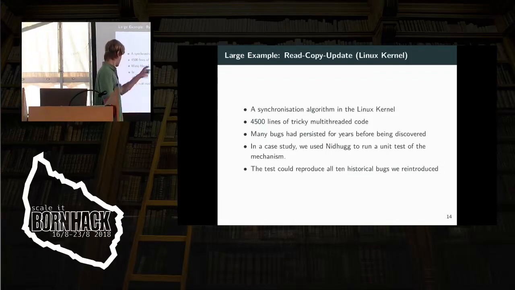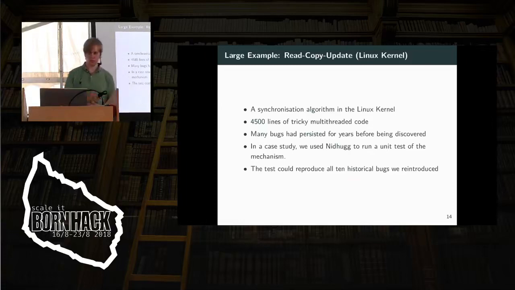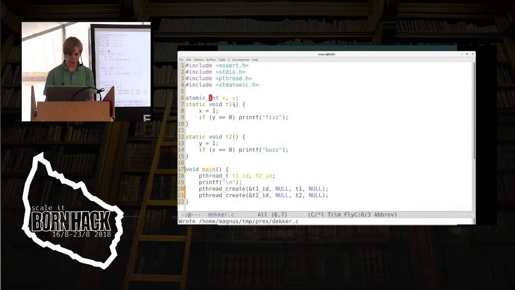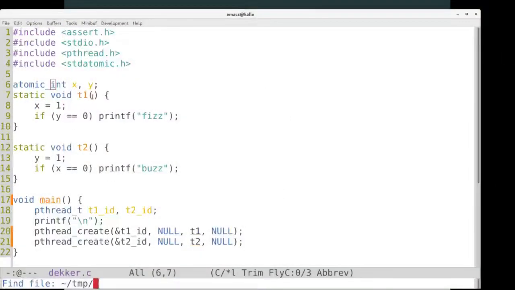By reintroducing all these historical bugs, we were able to discover them, and also in the case where none are reintroduced, we were able to verify under the conditions, so for this particular unit test we have, that there are no more such bugs. So let me show you some of the stuff we had to do to make Nidhugg eat kernel code like that.